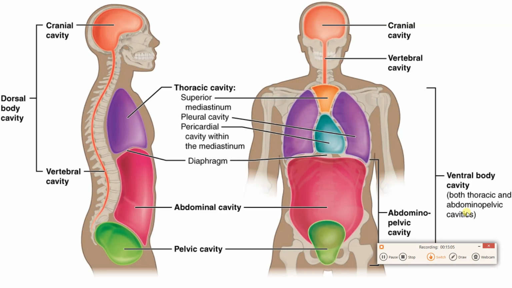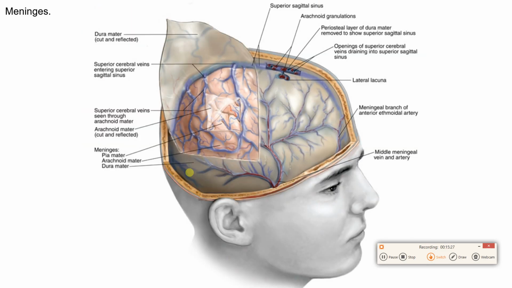If we just switch up our picture, I just have a more colorful view here for you to check out and study. Everything I just went over is in here, just in beautiful color. Okay, so now we're going to meet some membranes and other things that are in these cavities.